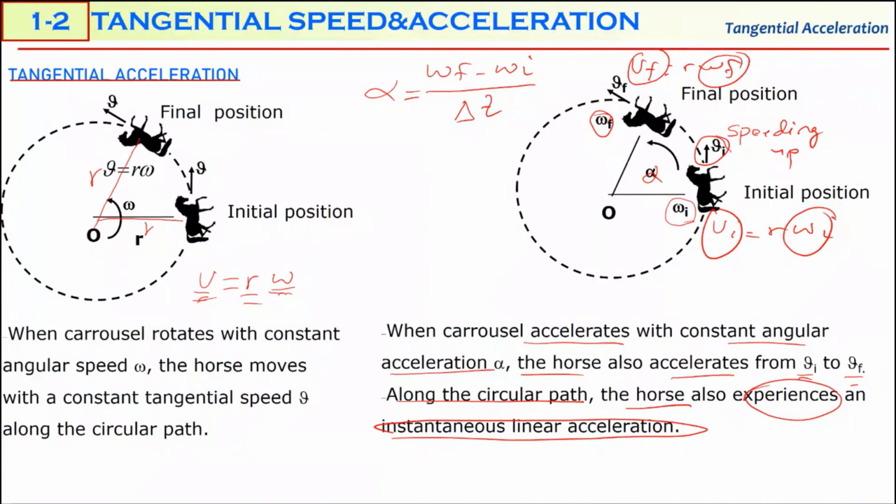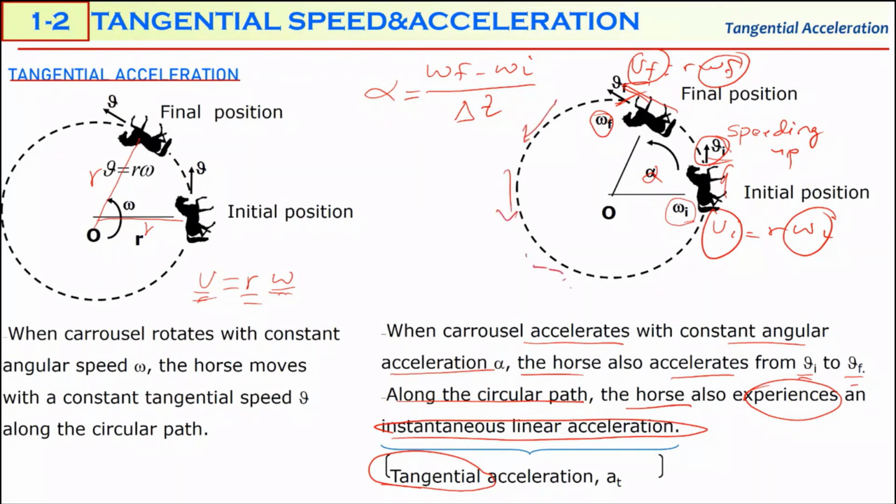This horse is speeding up from an initial speed to a final speed, so there must be a linear acceleration too. As you studied last year, we can give a name to this instantaneous linear acceleration: tangential acceleration. This horse will have a tangential acceleration, a linear acceleration along this circular path, represented by AT.